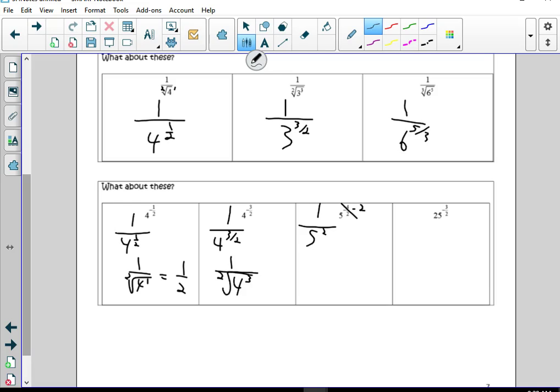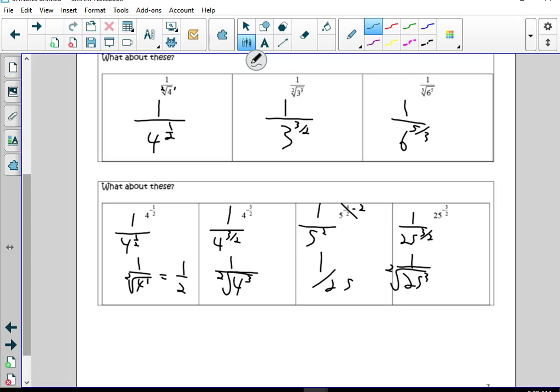Right? So that's 1 over 25. And this one, 1 over 25 to 3/2, move downstairs first. And then 1 over 25 to the 3/2. Cool.